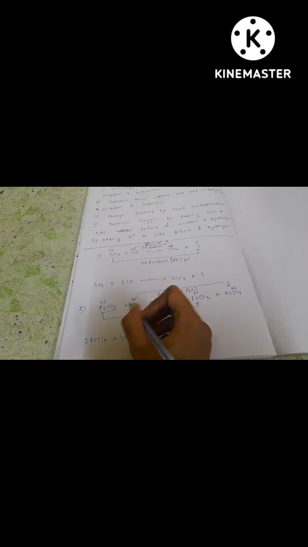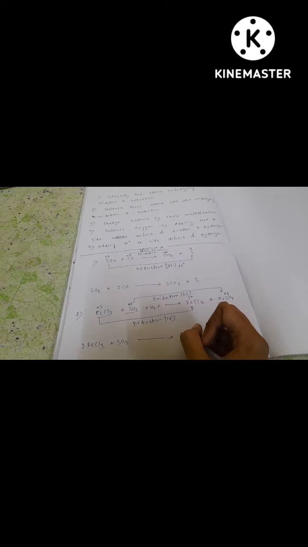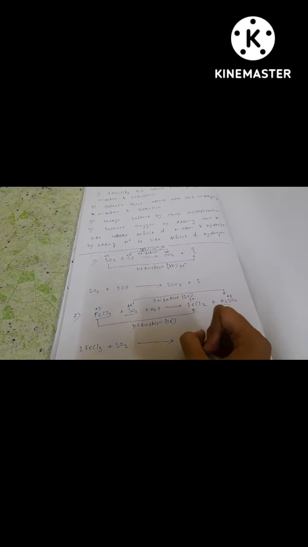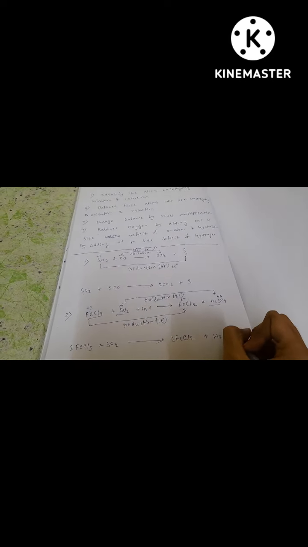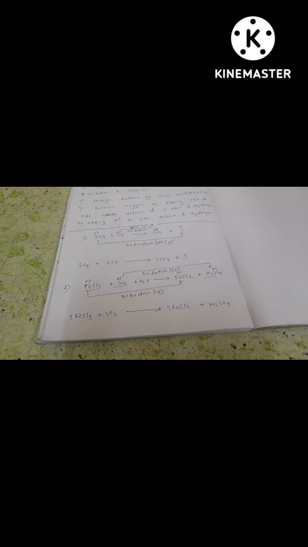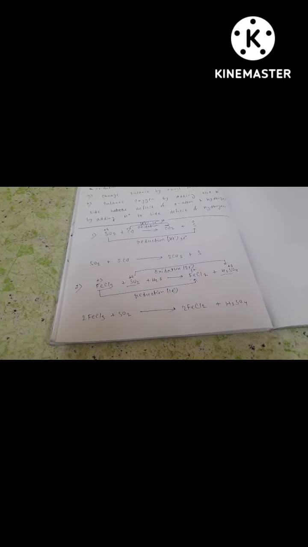So these two atoms mainly take part in oxidation and reduction. So I am not adding this. You should follow the rules properly, through which you can easily balance this reaction. It is an easy method to balance a chemical reaction by the oxidation number method.